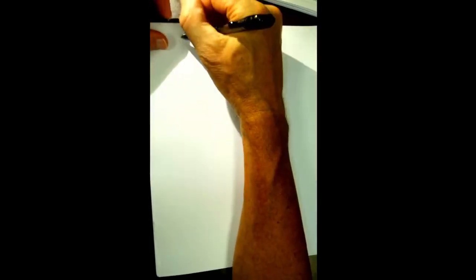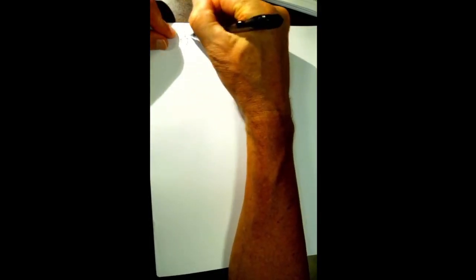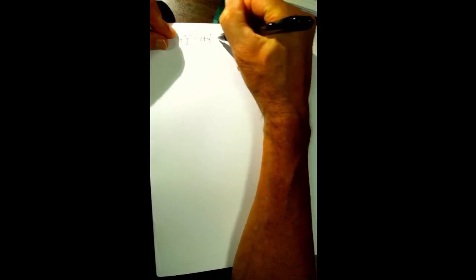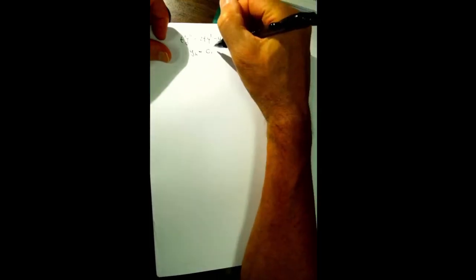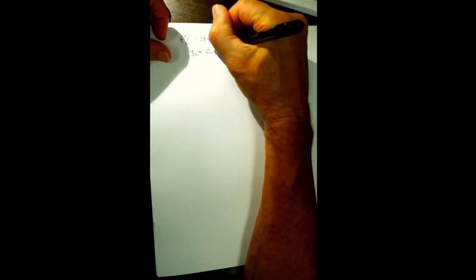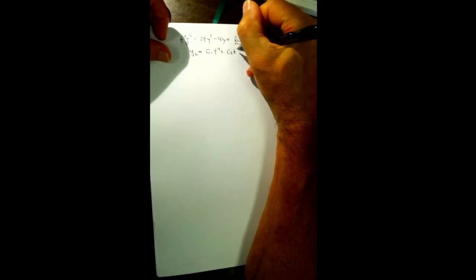We now have the following. We have our equation, t squared y double prime minus 2t y prime minus 4y is log of t. Because of that, we decided to use variation of parameters. Our homogeneous solution we decided was C1 t to the fourth plus C2 t to the minus 1.